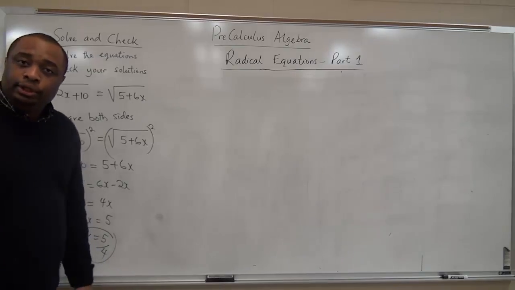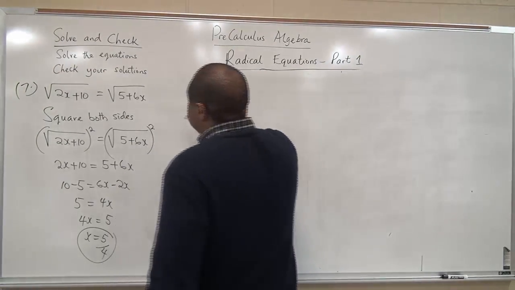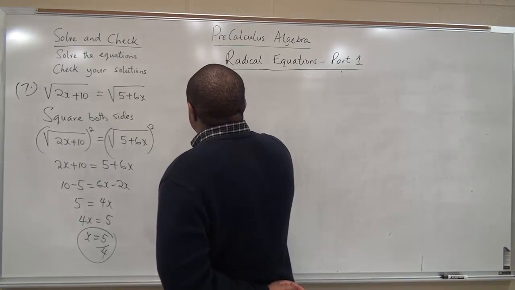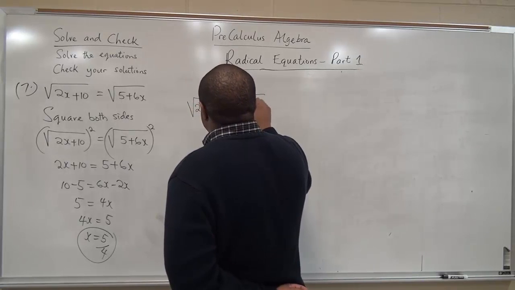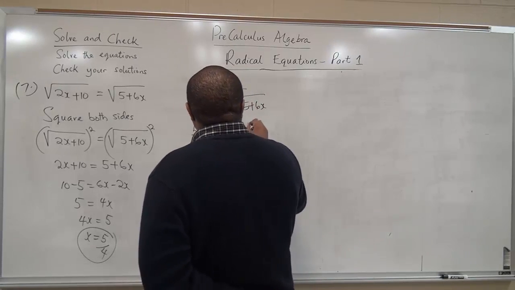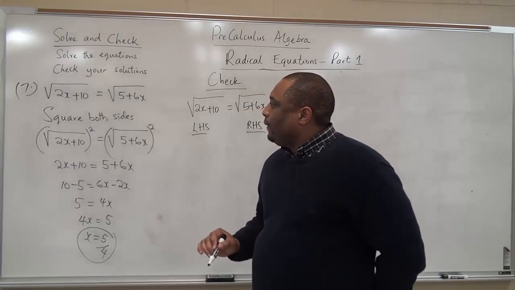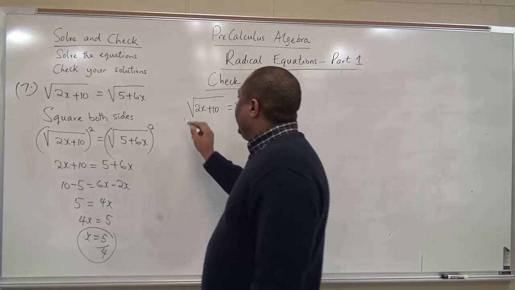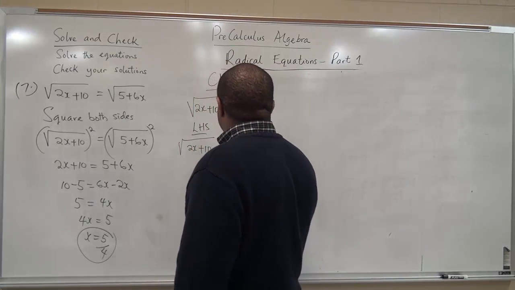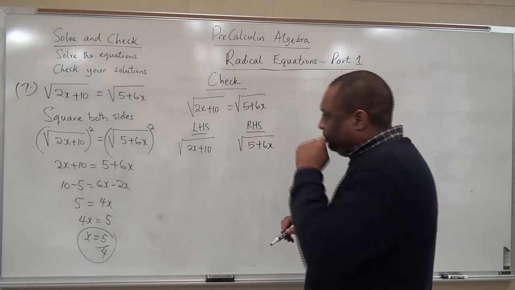And then you do what? You check. So we check. We have that square root of 2x plus 10 equal to square root of 5 plus 6x. So we have left hand side, right hand side. Here you have square root of 2x plus 10. Here you have square root of 5 plus 6x.